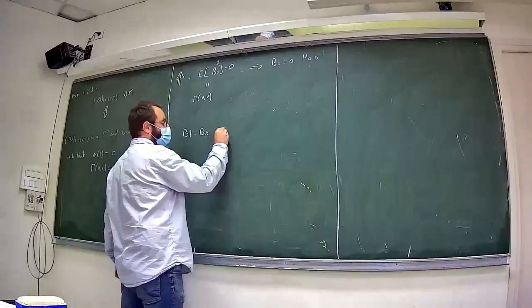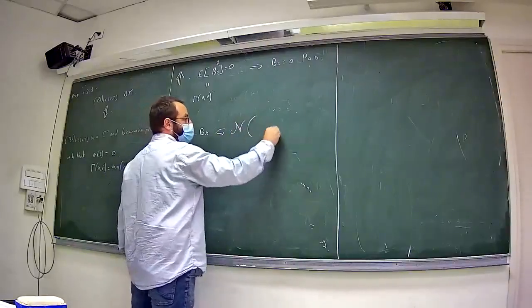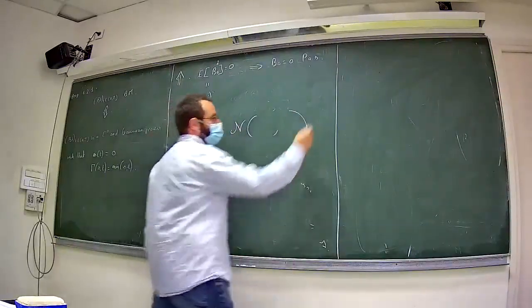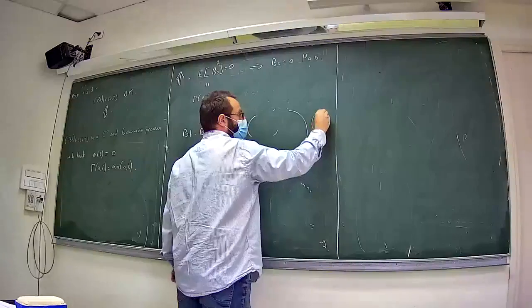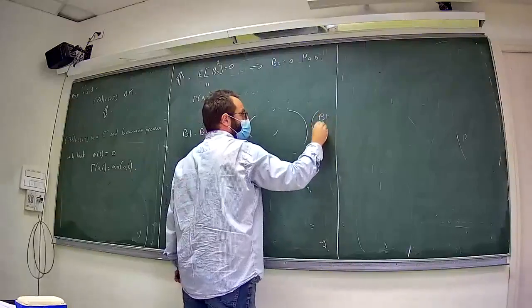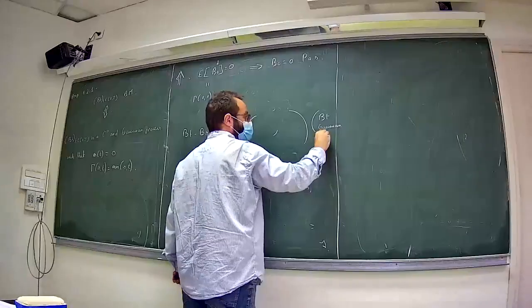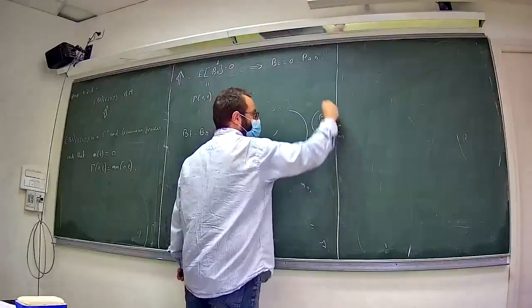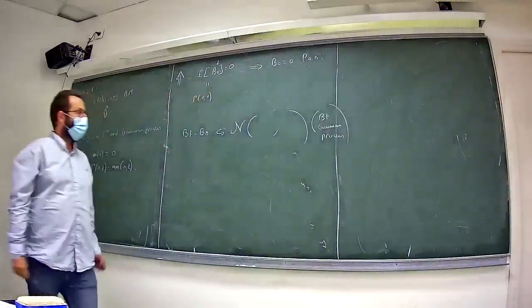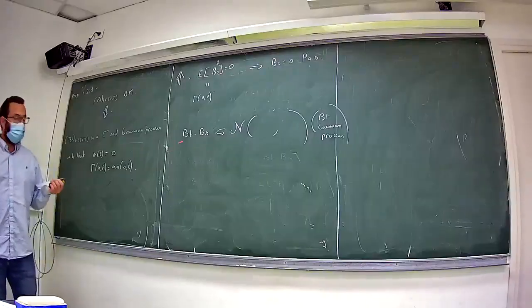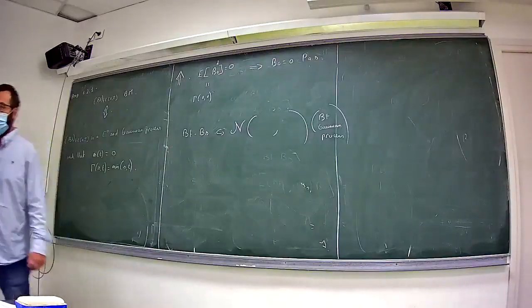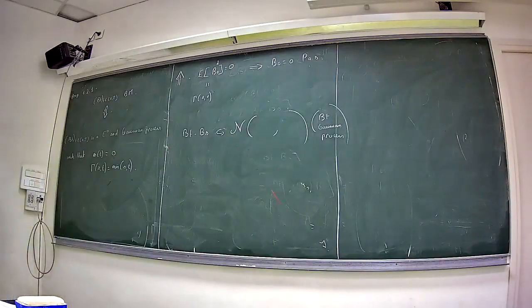So this one is Gaussian because B is a Gaussian process. What is the expectation and what is the variance?